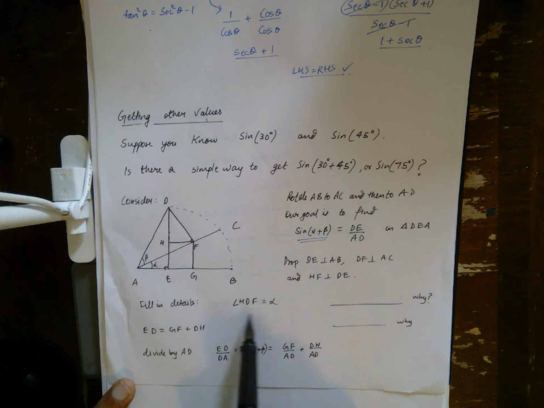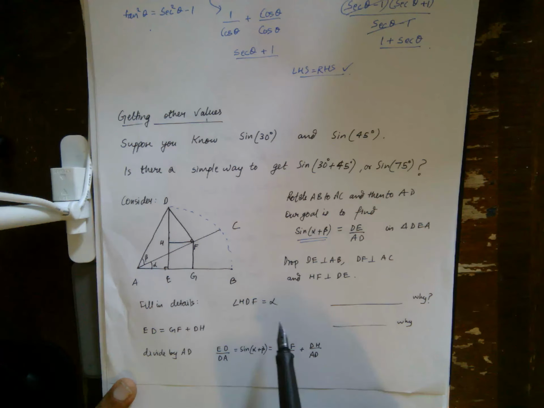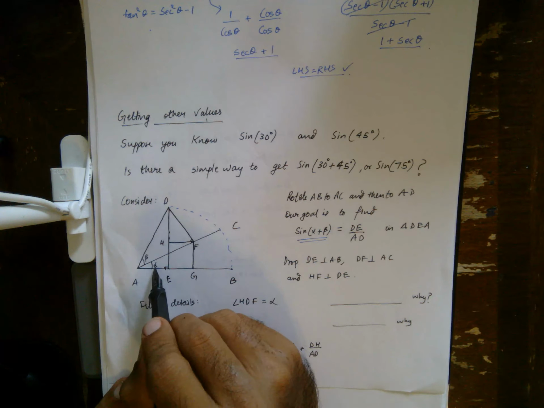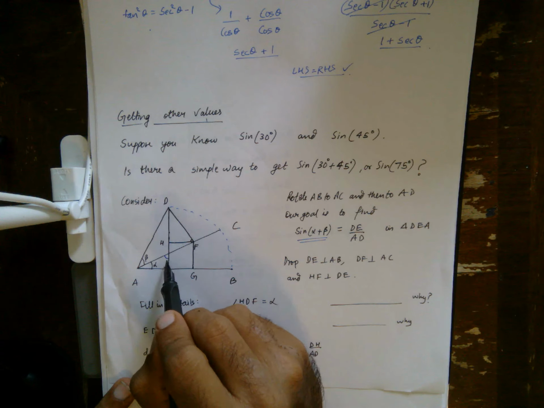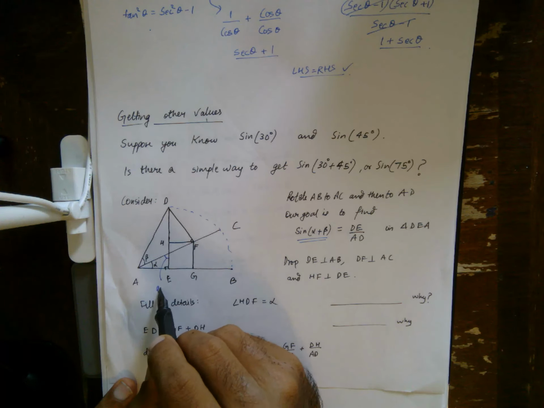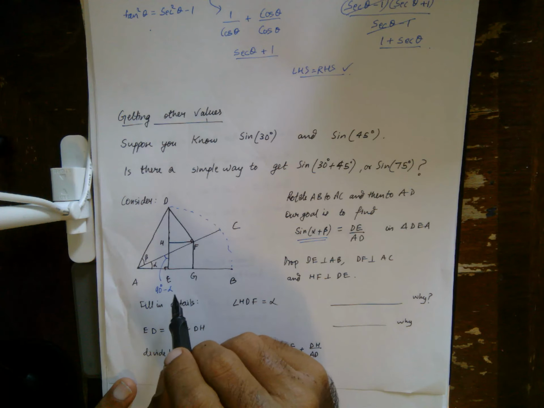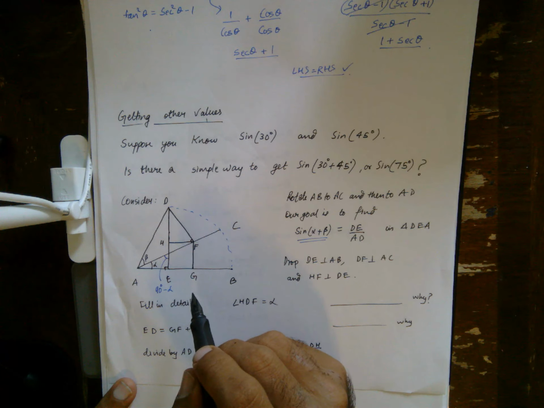Now the first claim here, which I asked you to fill in the details, is angle HDF is alpha. Now why is that? Let's look at it. If this is alpha and this is 90, then this angle is going to be 90 degrees minus alpha, because the angles in a triangle add up to 90 degrees.